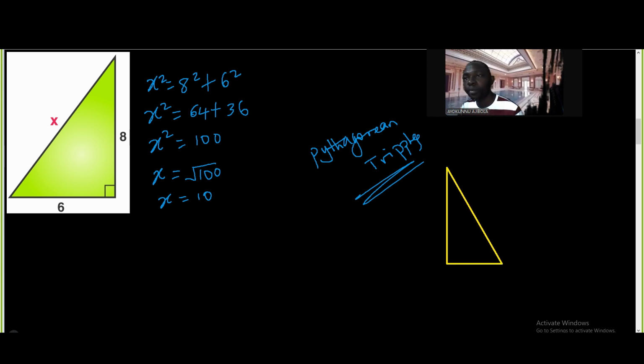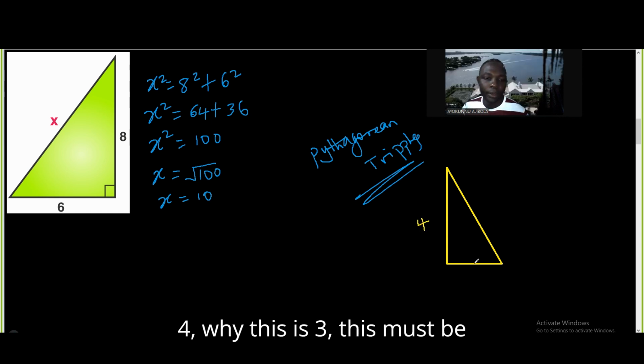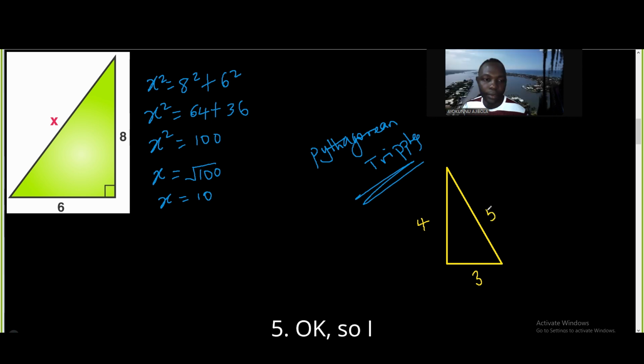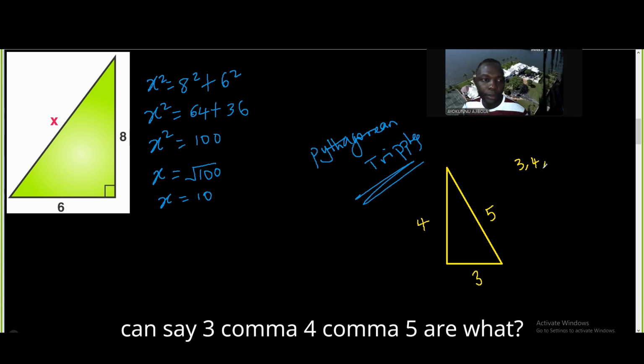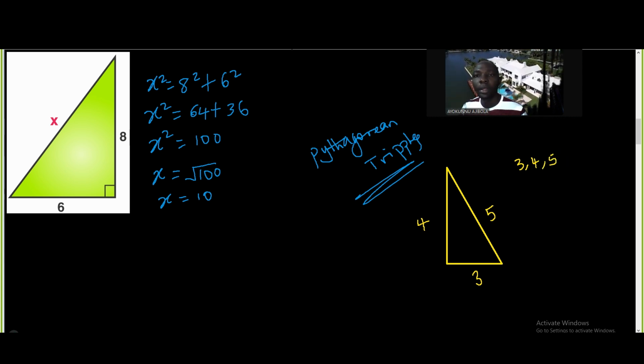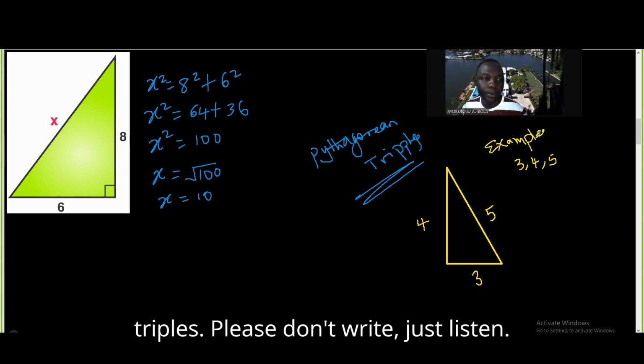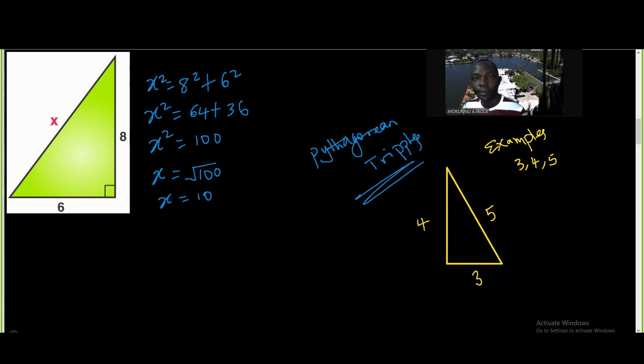So, like I said, if this is 4 while this is 3, this must be 5. So 3, 4, 5 are Pythagorean triples. Let me give examples of Pythagorean triples. Please don't write, just listen.